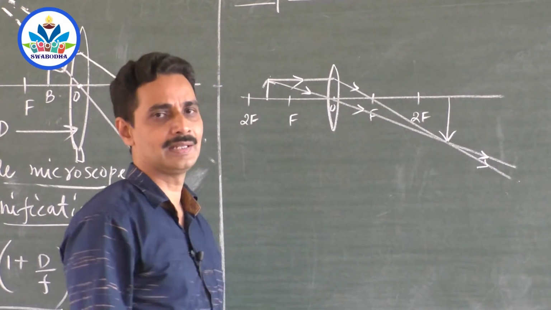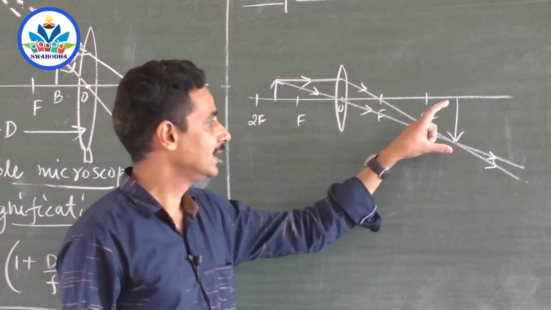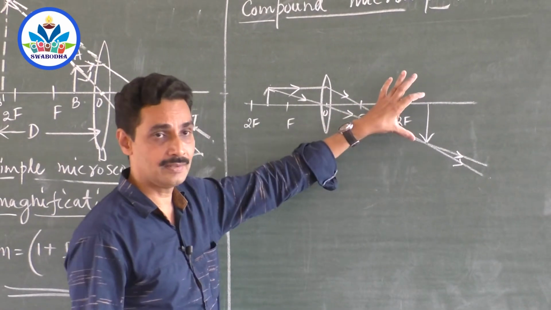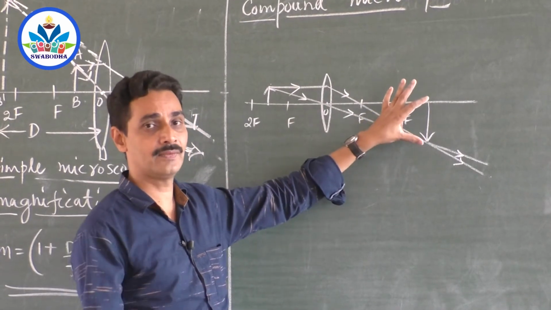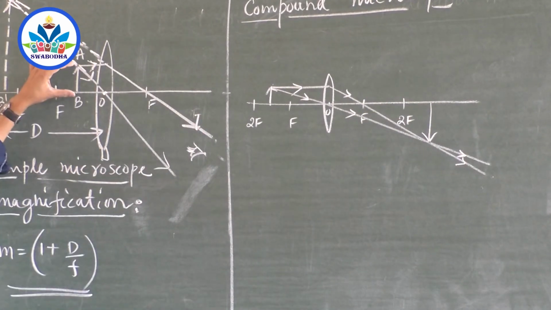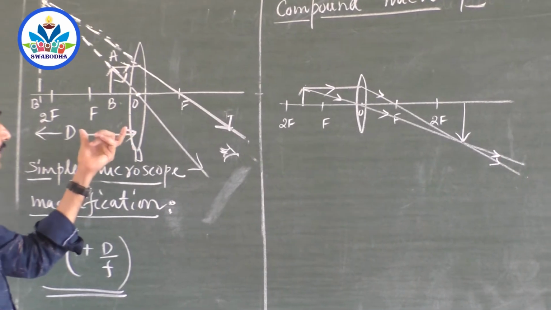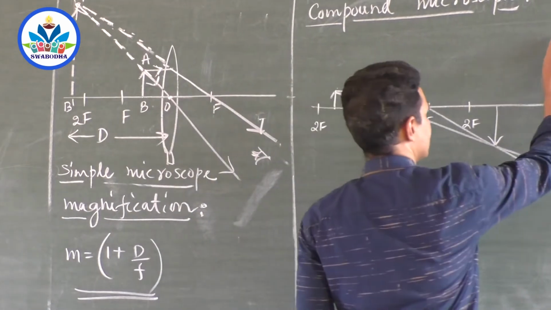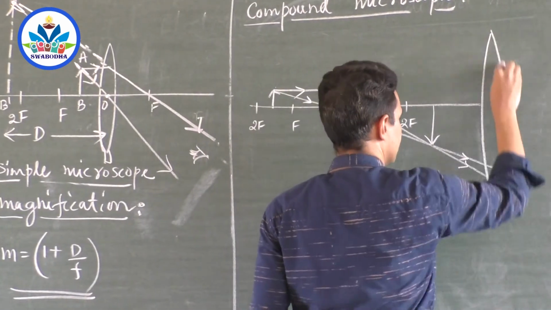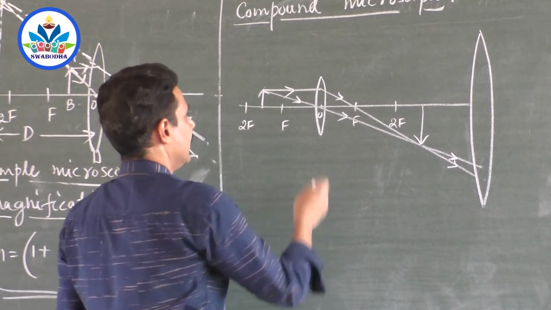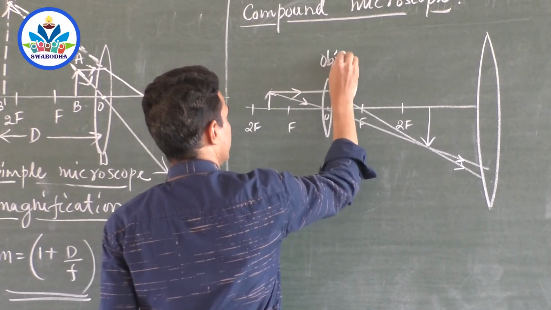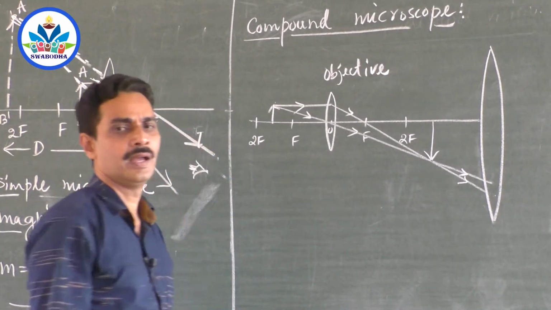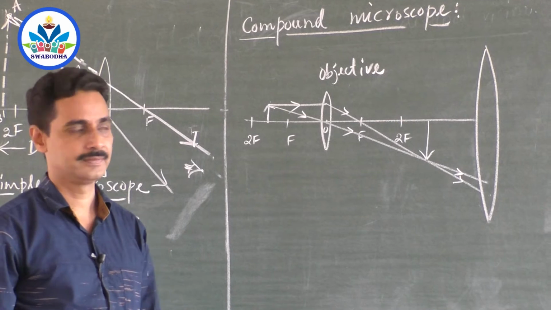Now why can't you treat it as an object again? This can be treated as an object. How? Take another lens. Let this image produced by this lens serve as an object here within the focus of this one. So this is the lens which forms the final image. So let me keep another lens here, like this, and this is called objective. What do you mean by objective? Objective is a lens in front of which the object is kept.